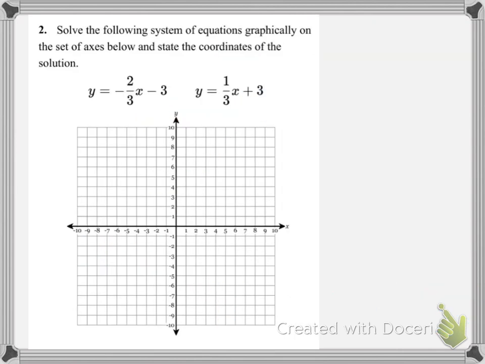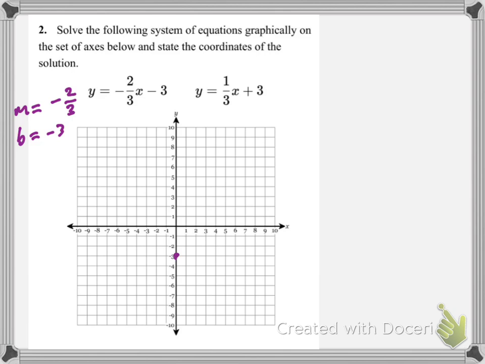All right, another one. Okay. Let's see. So again, they're both in slope-intercept form, so we're good there. So our slope is negative 2/3, and our y-intercept is negative 3. So I go down 3. There's my y-intercept. Now again, negative 2 over 3, you could go down to the right, you can go up to the left, it doesn't matter.